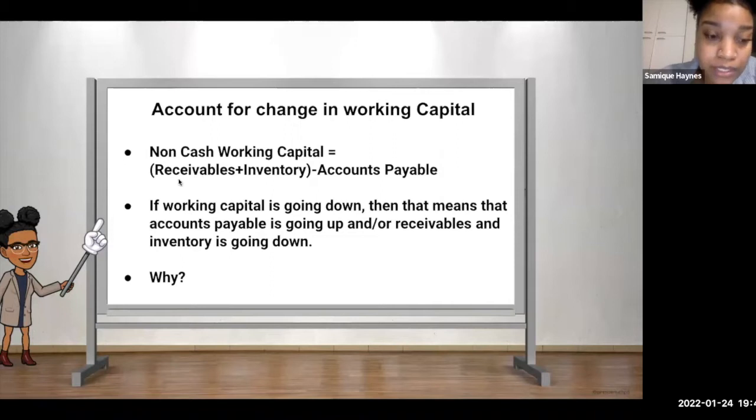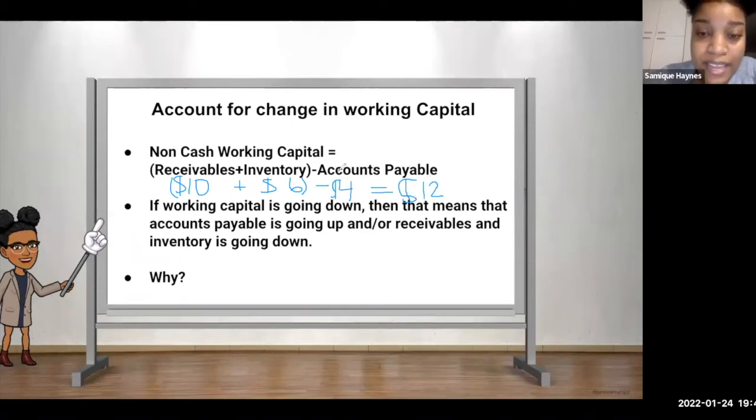Let's just say receivables is 10, plus inventory is 6, minus accounts payable of 4, and this is equal to our non-cash working capital of $12, all right?